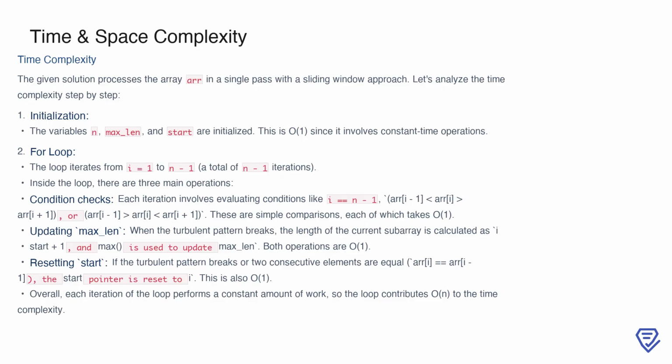Within each iteration, we perform a few key operations. Condition checks, like determining if the current subarray is turbulent or if two consecutive elements are equal, are simple comparisons and take constant time per iteration. Similarly, updating the max_len variable or resetting the start pointer also involves constant time operations. Since the loop executes a constant amount of work in each of its n-1 iterations, the total contribution of the loop to the time complexity is linear, or O(n).